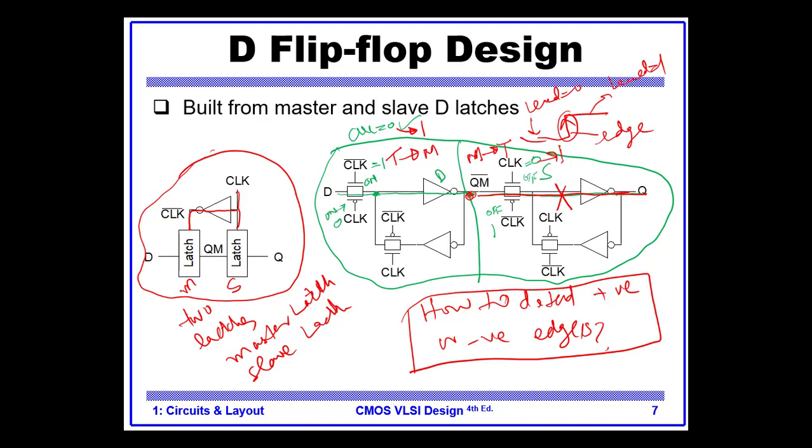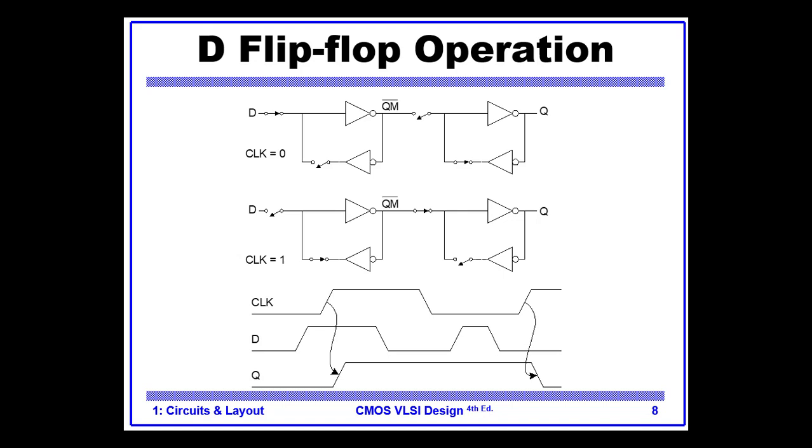And when it goes transparent, our D which is waiting here will go to the output. So this was to illustrate that at no point in time are the master and slave both transparent. If one is transparent, the other is in memory mode. On the next slide we have further details.